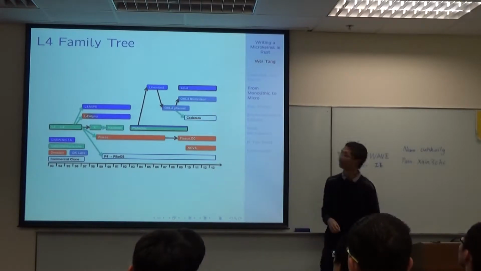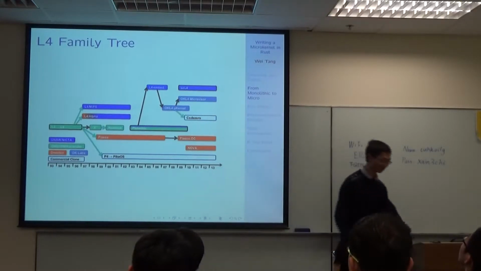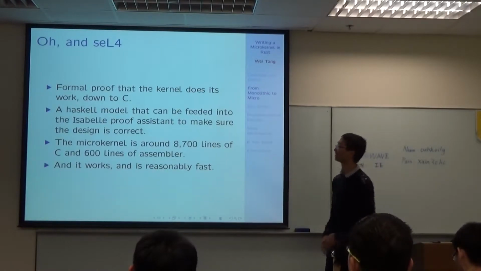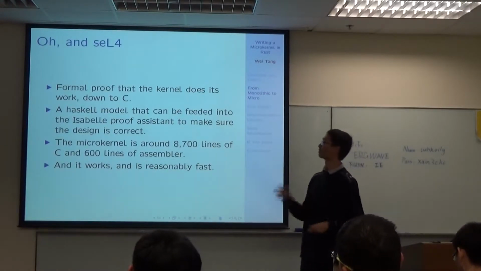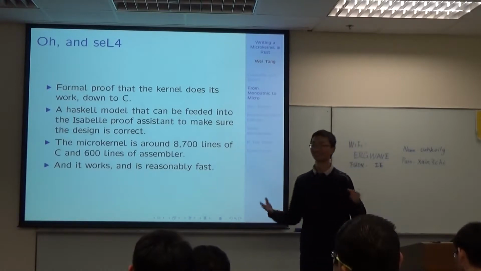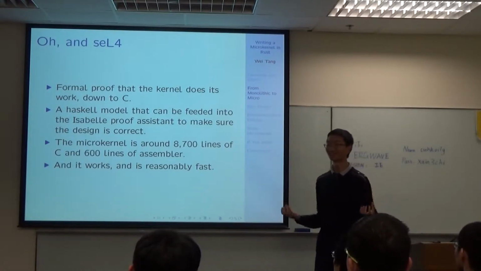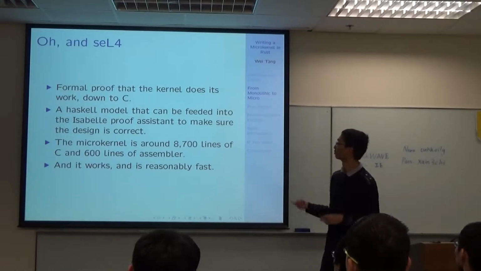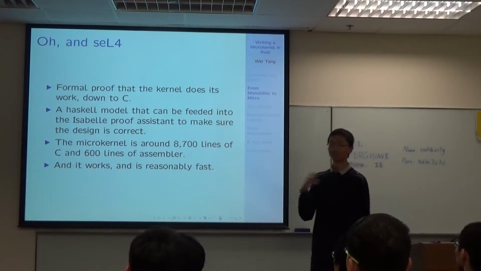And there's seL4. That is a really interesting microkernel. They use formal proof on the kernel that basically says this kernel does what it says. And there is also proof for the design of the kernel.